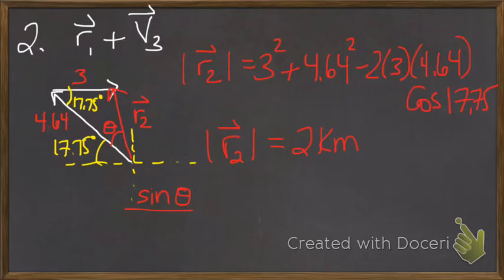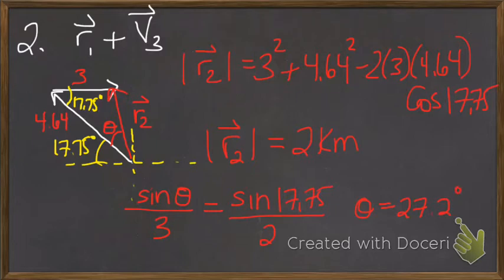Sine theta over the opposite side, which is 3, equals the sine of 17.75 divided by the magnitude of 2. And solve that, and theta ends up being a little more than 27 degrees. So that's where theta is. Now I'm going to highlight this angle because we're going to come back to it in the next slide. We know the size of the angle I'm highlighting in green, and we'll see why that's important.